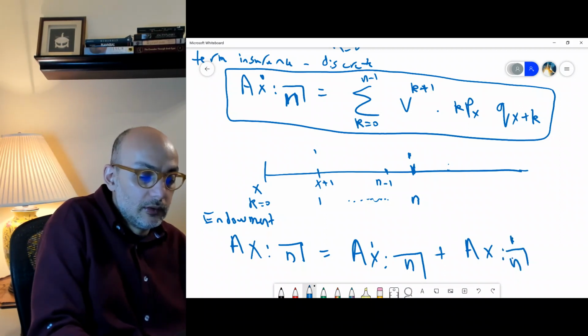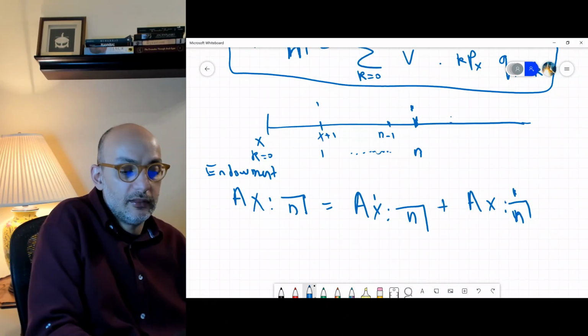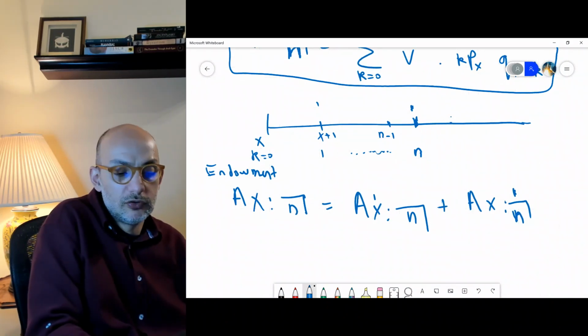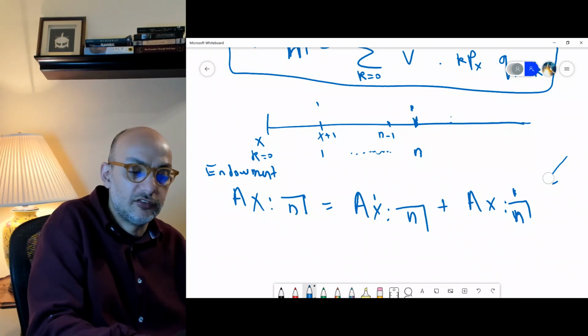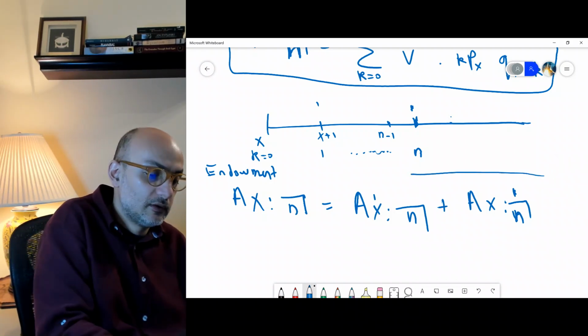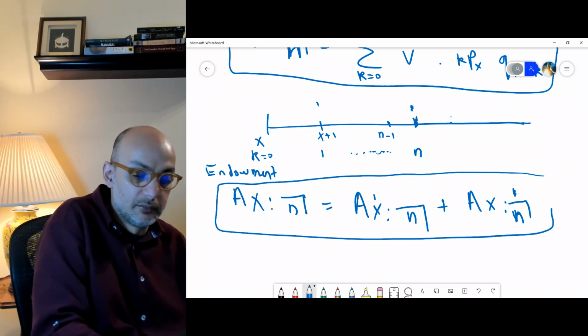And the pure endowment is the same one because it's discrete, and even when we talked about this one in the continuous case, it's the same one. Nothing gets changed here. So we have this formula as well.